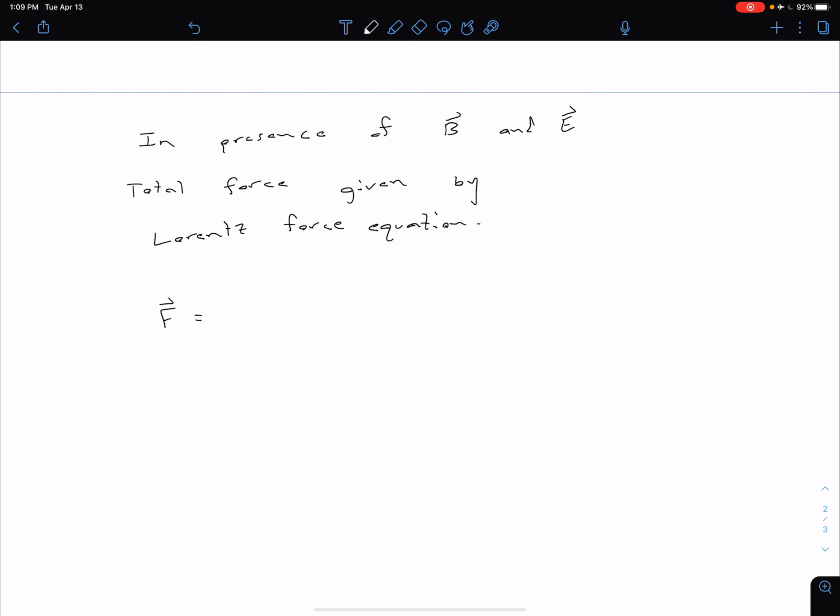We can say the overall force is equal to the sum of the two forces, so the force from our electric field plus the force from our magnetic field. This is equal to, and now both of those equations had a q, so we can factor out the q, multiplied by the quantity of our electric field intensity plus our particle velocity crossed with our magnetic field.